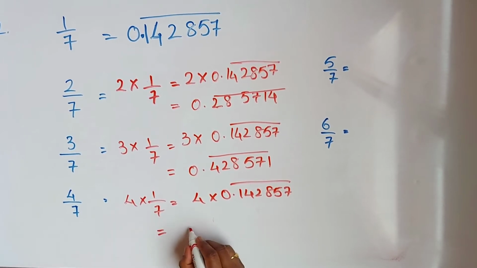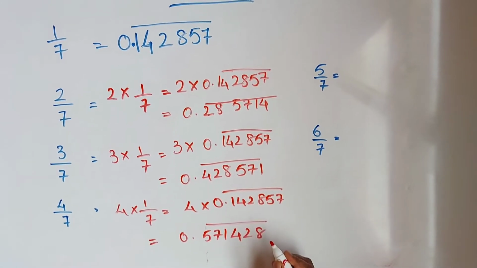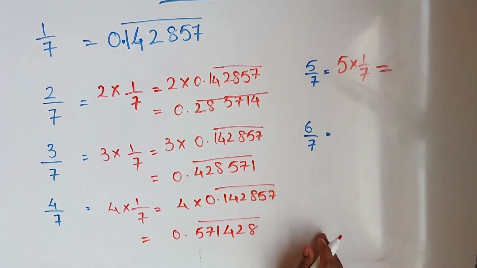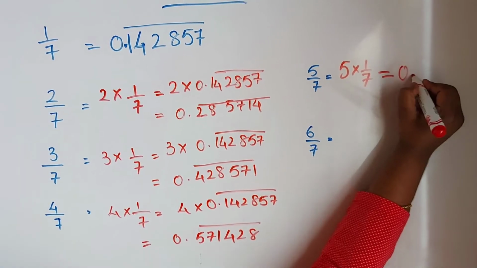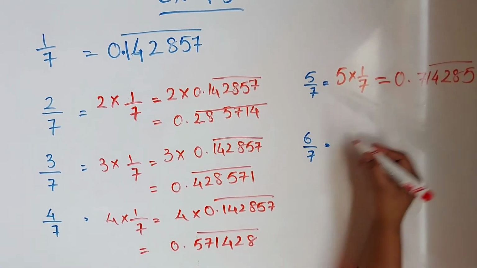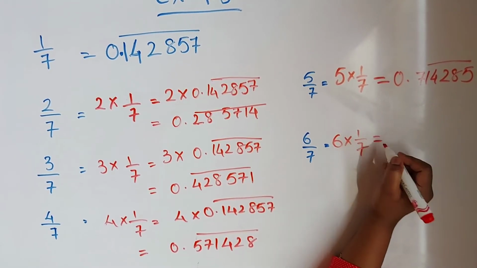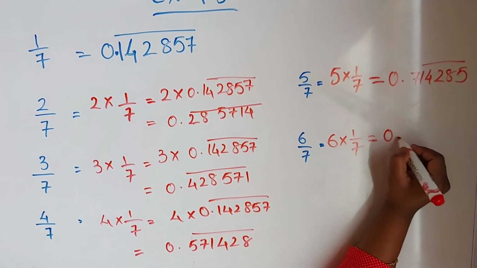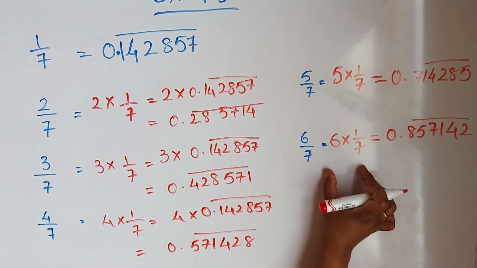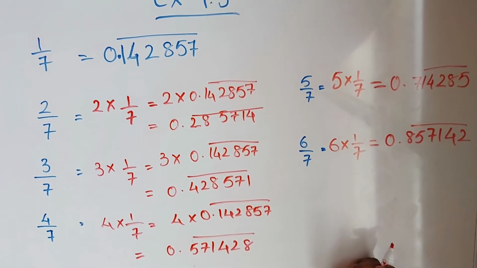After multiplication I got 0.571428, children. Now 5 by 7 value, that means 5 into 1 by 7. After multiplication I got 0.714285, children. 6 by 7 also same, 6 into that value. 0.857142, children. After multiplication with 6, I got this value. This is how we will do.